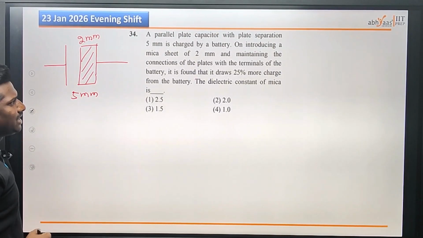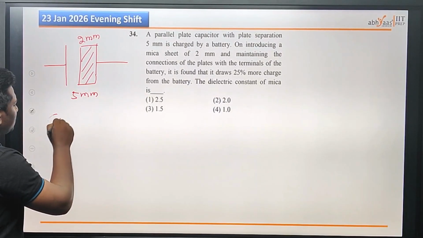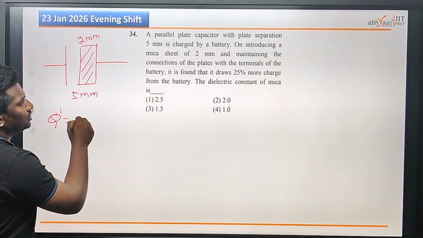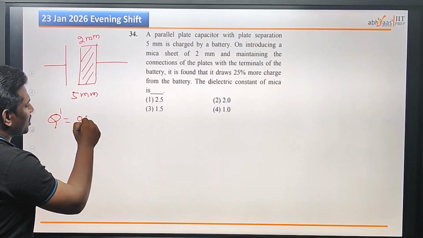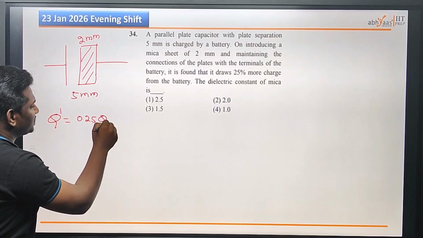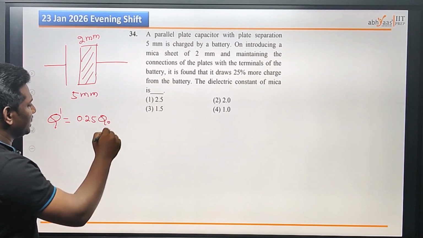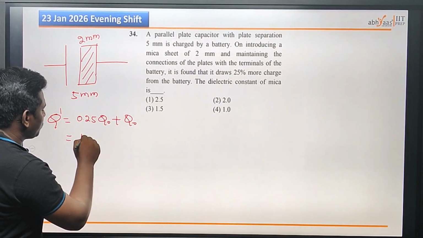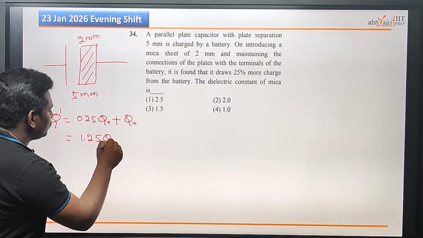So, what is the condition here? The final charge, I am writing here, Q prime, is 25%, that is 0.25 of the initial charge, plus the initial charge. So you will get 1.25 Q naught.